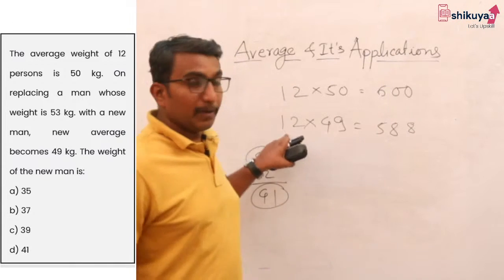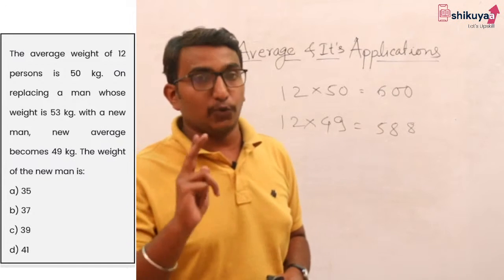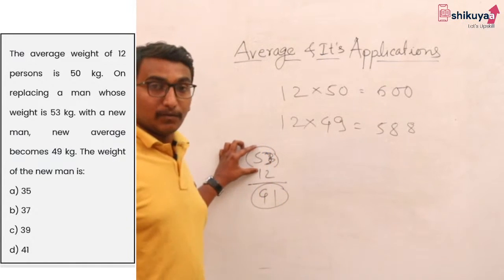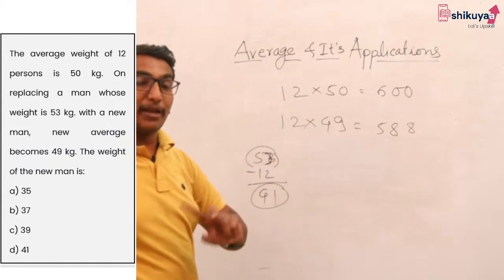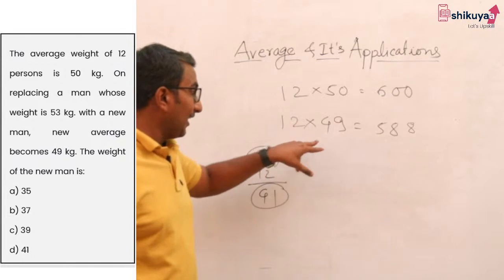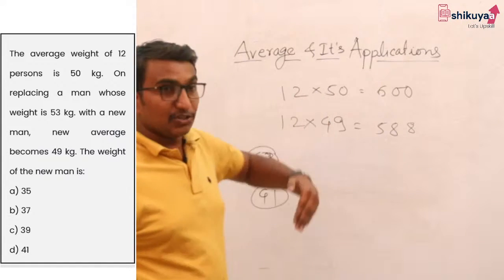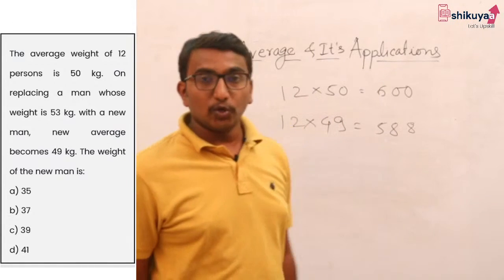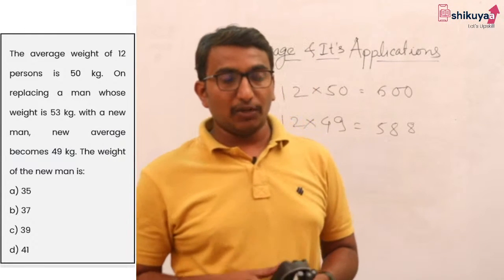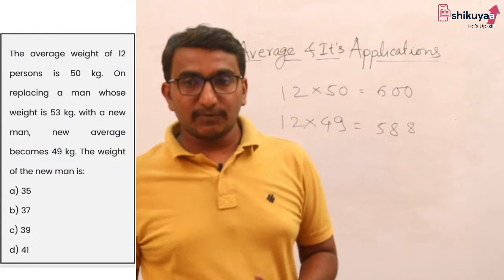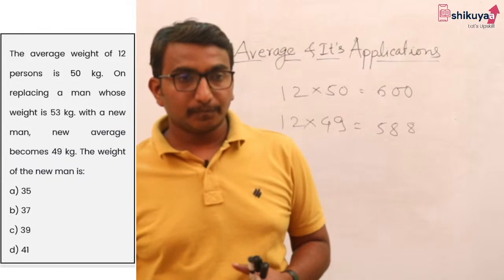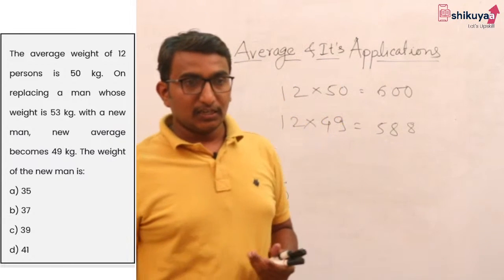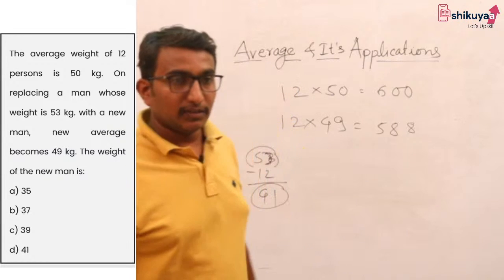So from the 12 people, the subtraction is 12 units, and at the same time the person whose weight was 53 has also been replaced by that person. So 53 minus 12, which is actually the subtraction from all these people, will give you the answer, that is 41, option D. Go to the next problem. I hope you all have understood. Yes, Nagsundar, fantastic. You are giving the correct answers.